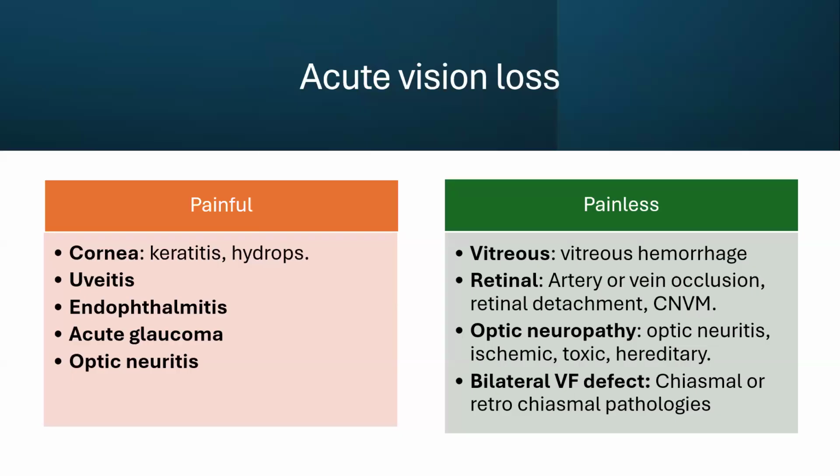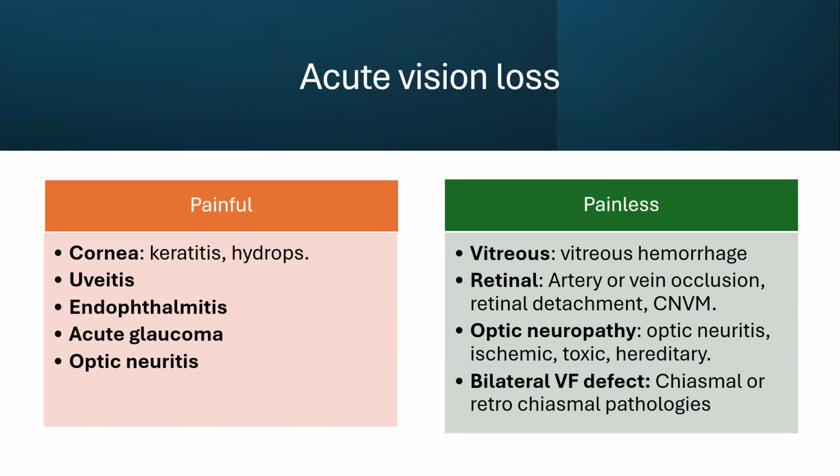If it is painful, think about a cornea condition like keratitis, eye drops, uveitis, inflammation of the eye, endophthalmitis, which is infection inside the eye, acute glaucoma, or optic neuritis if all examination is not suggestive of an ocular condition. If it is painless, think about vitreous conditions like vitreous hemorrhage, retinal disease like retinal artery occlusion, choroidal neovascular membrane, retinal detachment, optic neuropathy.